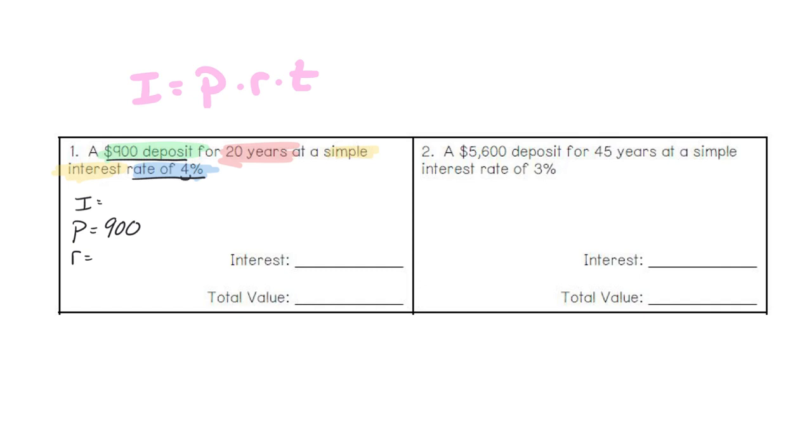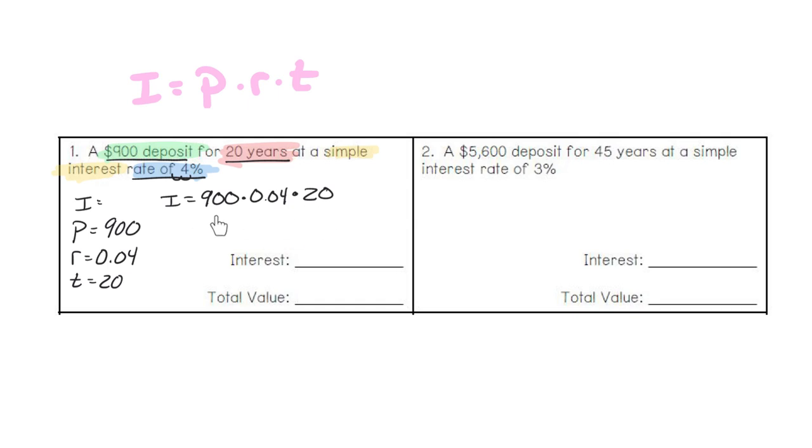Remember, I can take and put a decimal place in, so it'd be 0.04. And the time is in years. I know it is 20 years. So now take the numbers I have and insert it into the formula. So I equals 900 times 0.04 times 20.